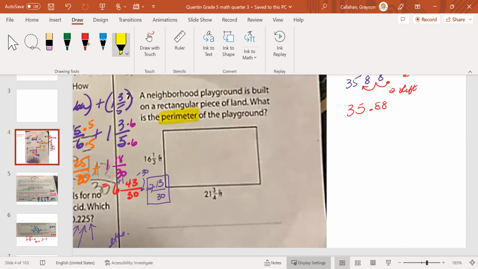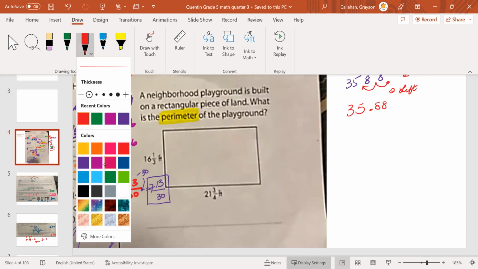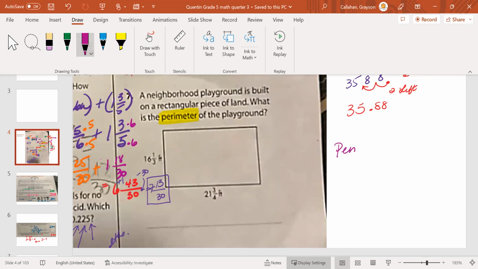The keyword here is perimeter. What does perimeter mean? Doesn't it mean the... No, wait. Or actually, I'm sorry. Perimeter is the measurement around the rectangle.